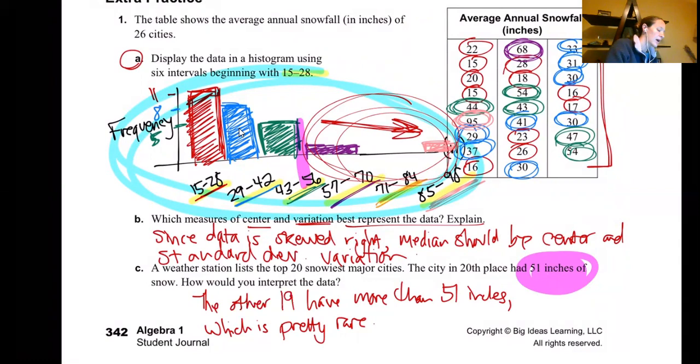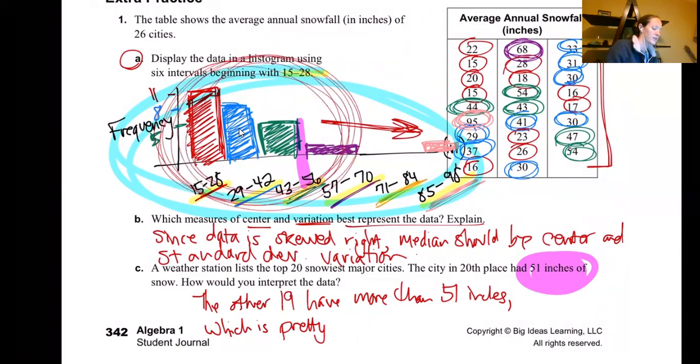But the question is how common? How common? Well, if you guys look at your data, where is most of the data in this set? Remember, karate chop, as you chop or as you kick to the right, the majority of the data is on the other side, is on the left. So most cities are going to get less than 50, even more, less than 70 inches of snowfall, depending on which ones they collected.